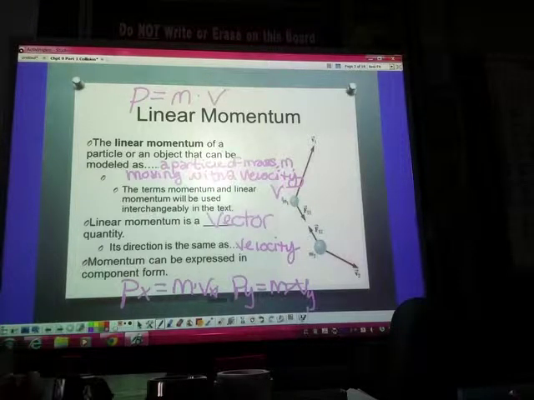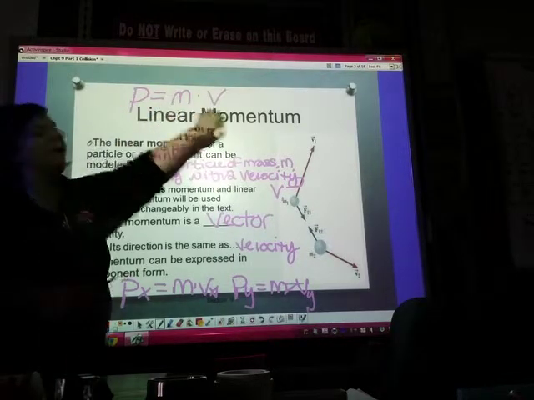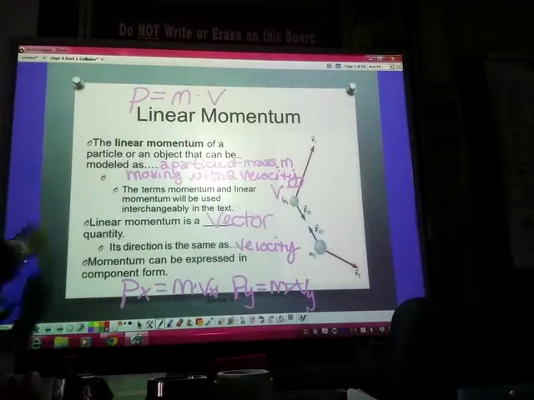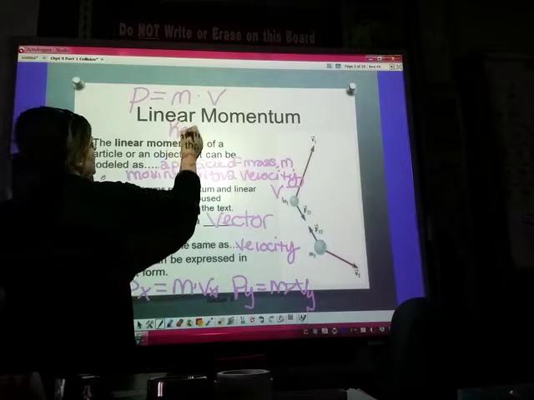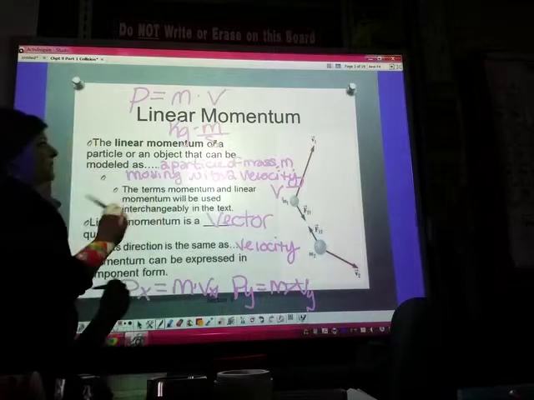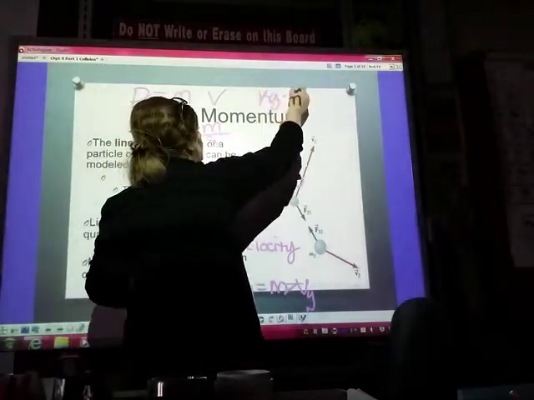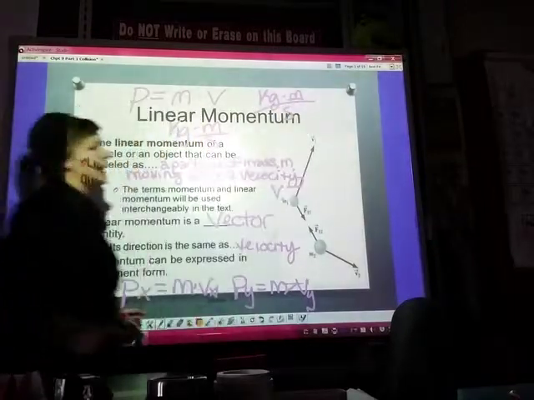What are the units then going to be for linear momentum? So we said that linear momentum is, again, symbolized p, and that equals m times v. So if m has to be in kilograms, v we already know is meters per second. So that means that the SI units for linear momentum are kilogram meter per second.